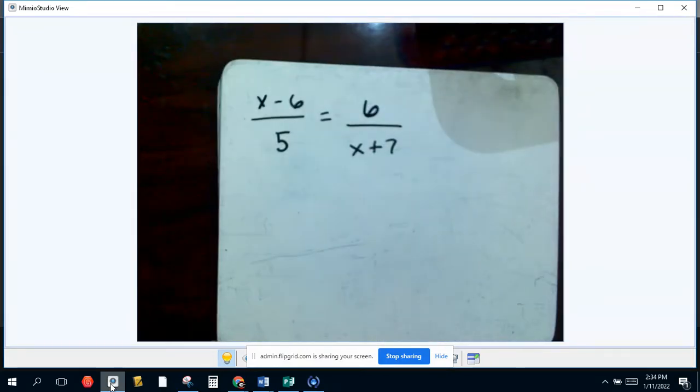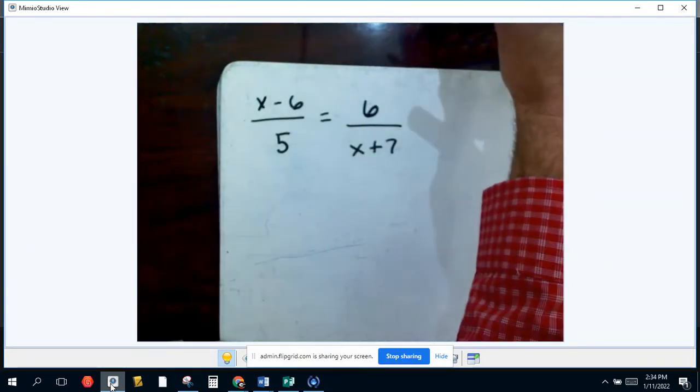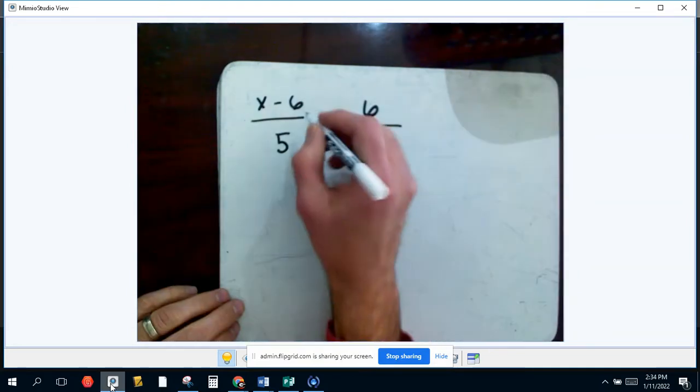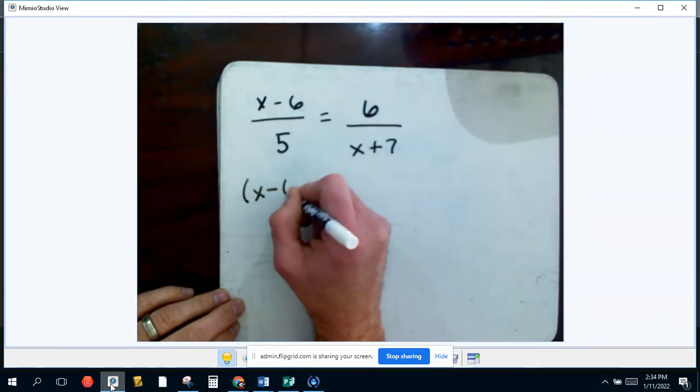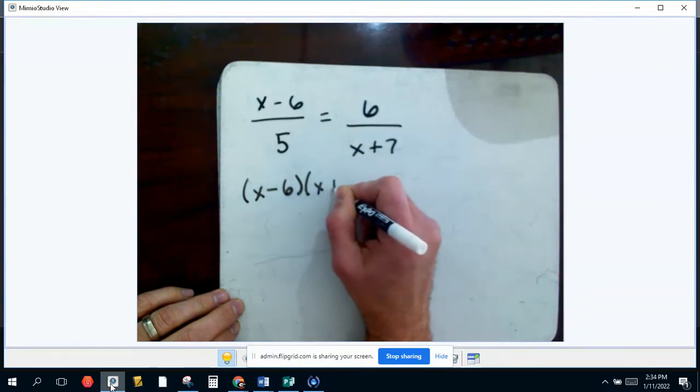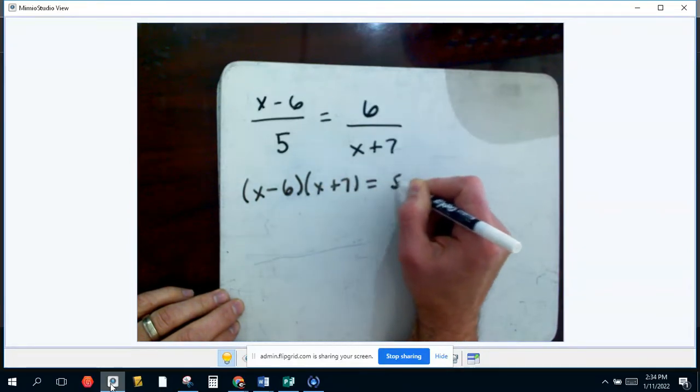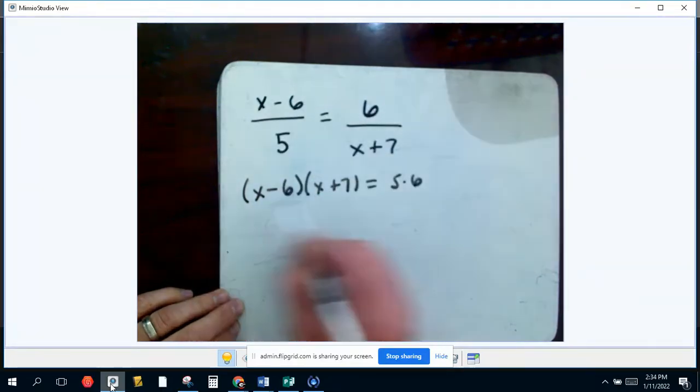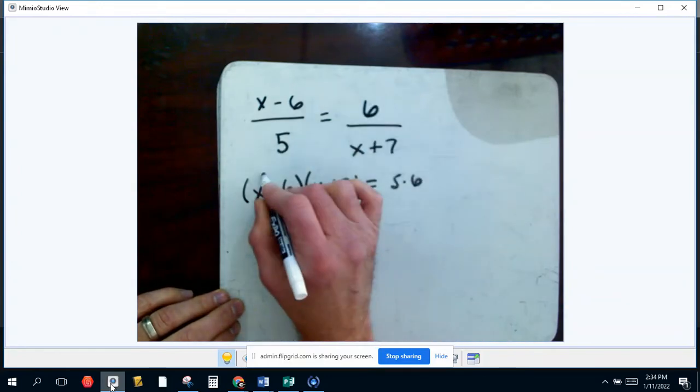But sometimes you get a quadratic look, right? So when we cross multiply here, we have a resulting quadratic equation. Multiply here, multiply here.